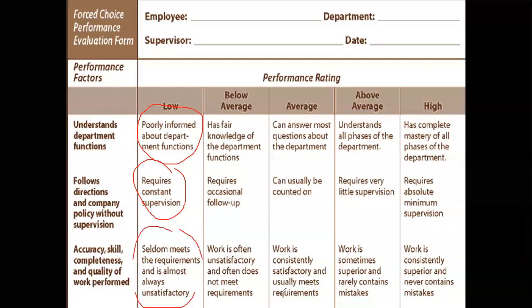So these are the points. Then certain points are positive also. Work is sometimes superior and rarely contains mistakes. So this is rating below average, average, above average, and high. And this is basically a kind of mix of positive and negative statements that is given to a particular employee, right? Now, next one.